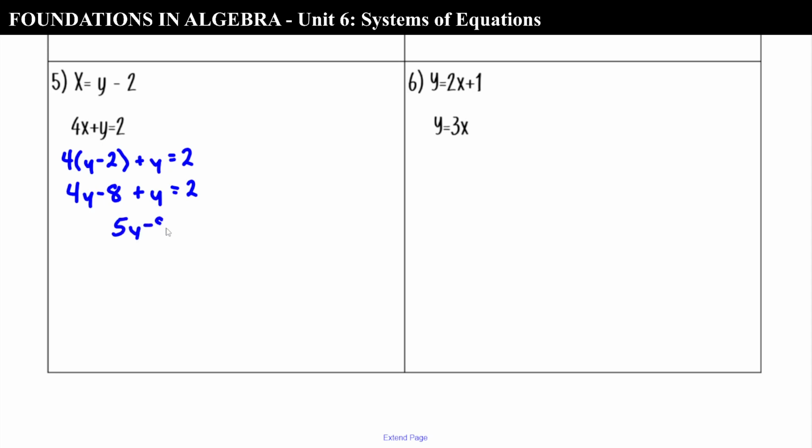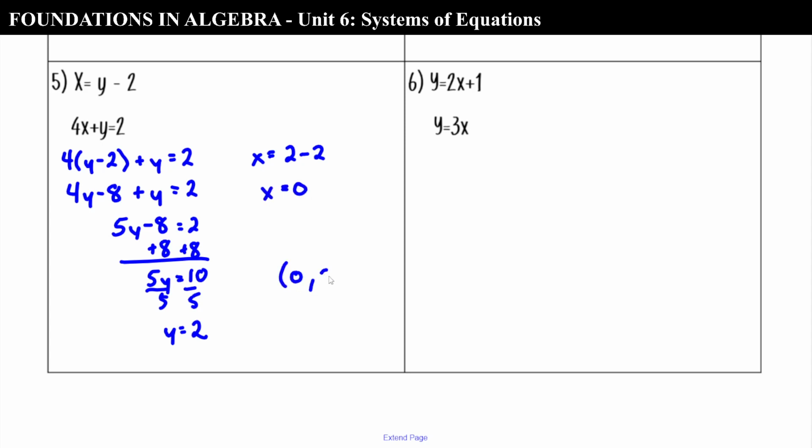Combine our like terms, add the 8, and then divide by 5. So you get y is equal to 2. Now we're going to plug that back into the first equation. x is equal to 2 minus 2, so x is 0. So our answer is 0, 2.